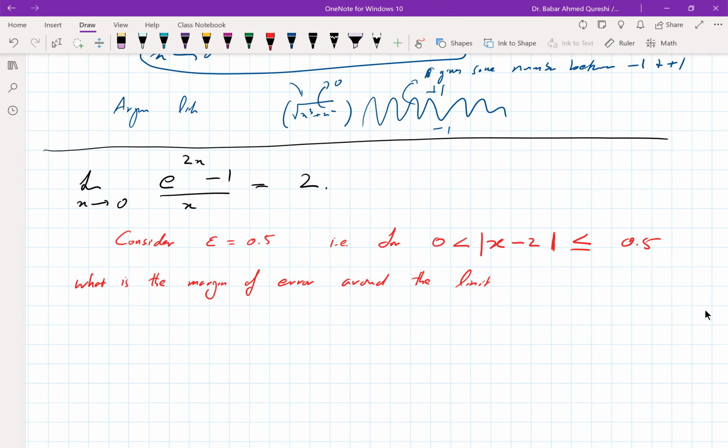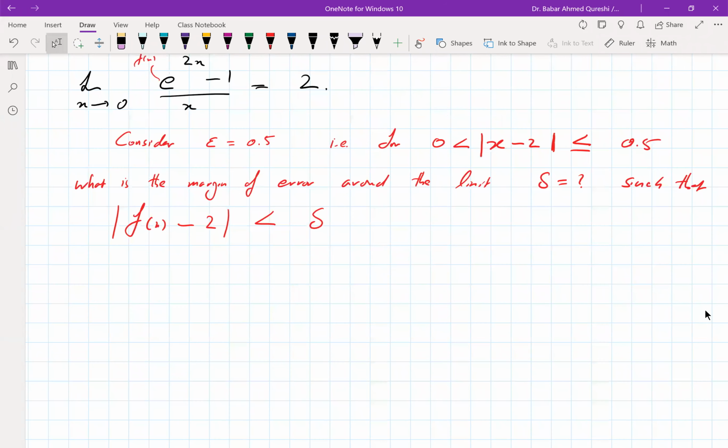Or what is delta such that f of x, which is this, minus 2 is within that margin of error? So we can just plug in and check what happens.